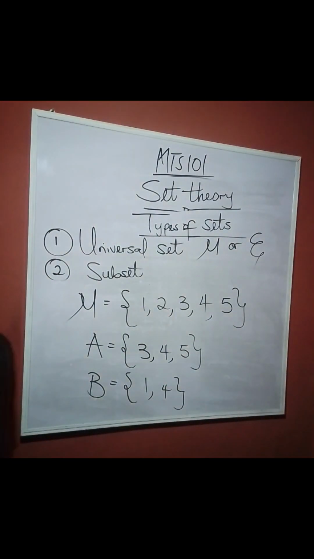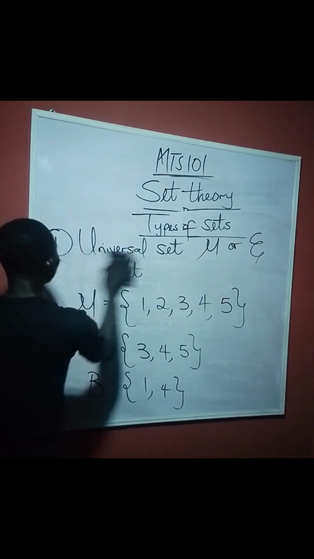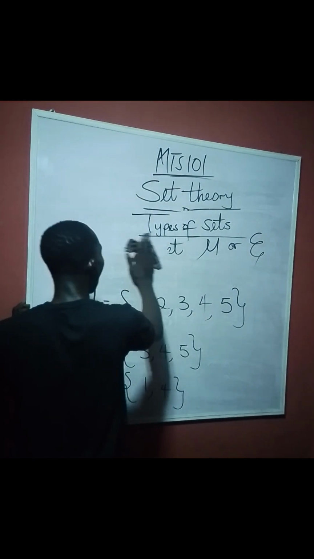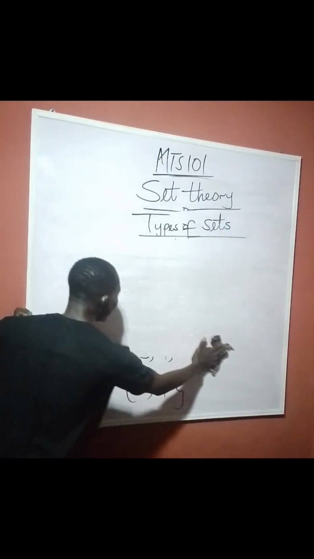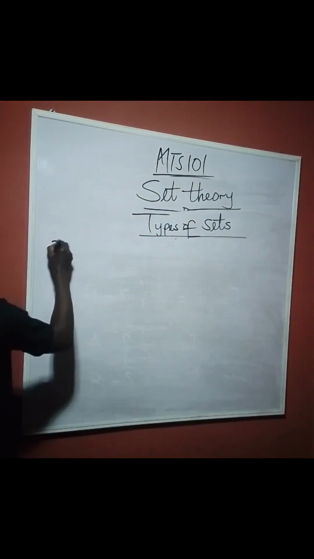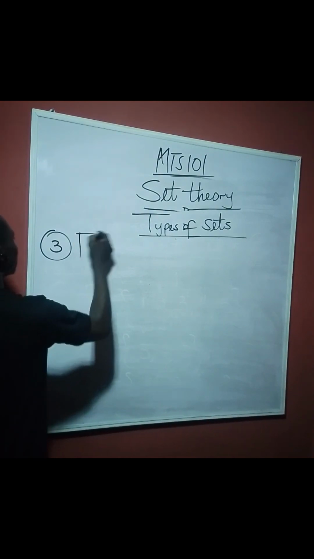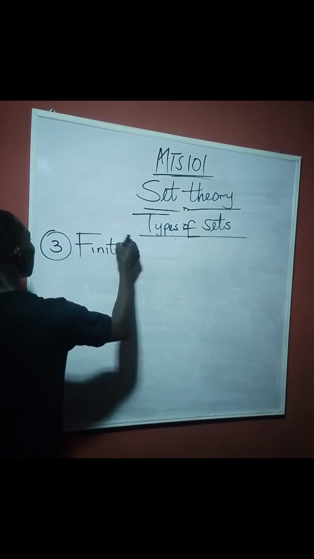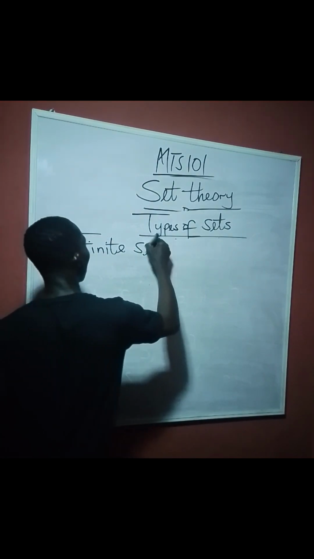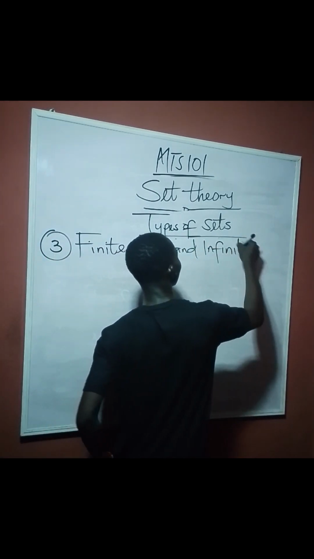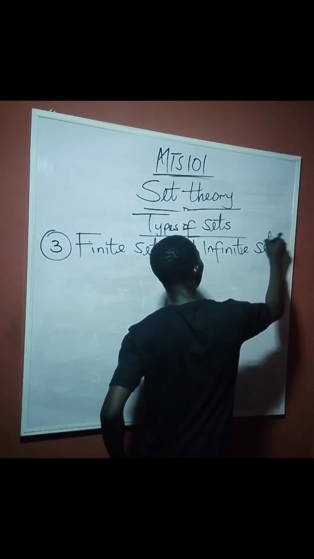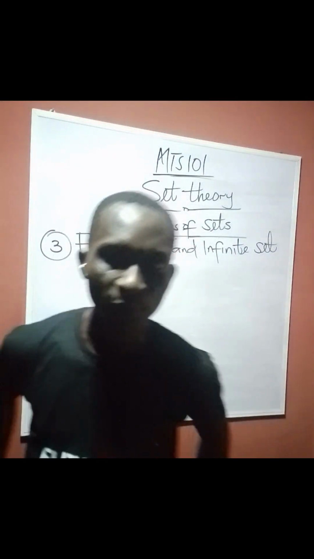Now, another type of set we want to talk about is finite and infinite sets. Let's take them one after the other and give examples.